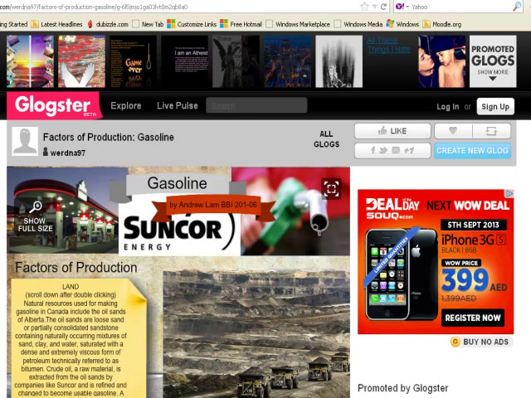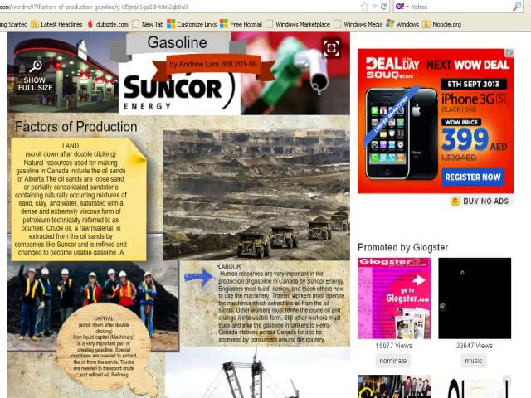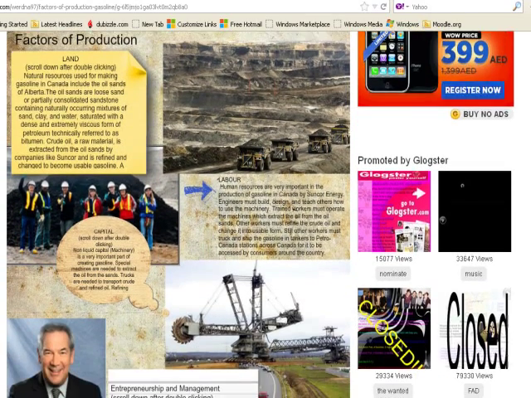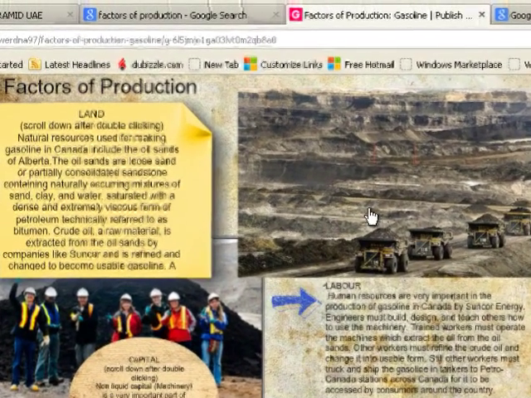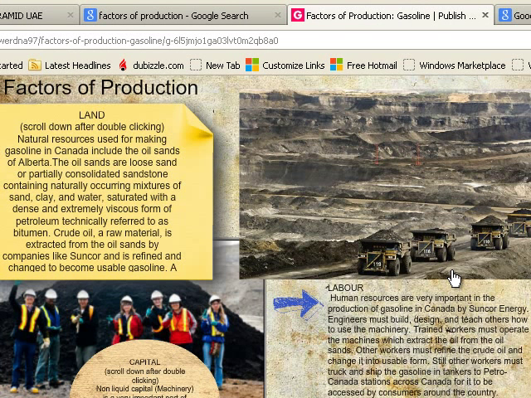If I scroll down, we can notice that four factors of production are explained here. First of all, this image explains the natural resources. Natural resources like coal are extracted, and it is mentioned here that natural resources are used for making gasoline.